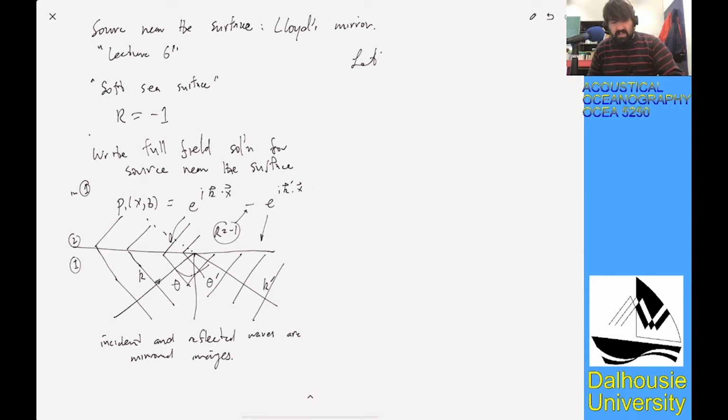So let's consider a real source, not just some plane waves. So now our setup is we're going to have this slightly tilted sea surface, right? And let's be specific here. We're saying P equals 0 on the air side. And on the water side, we're going to place a source. We're going to place a receiver, some r and z, x and z if you prefer.